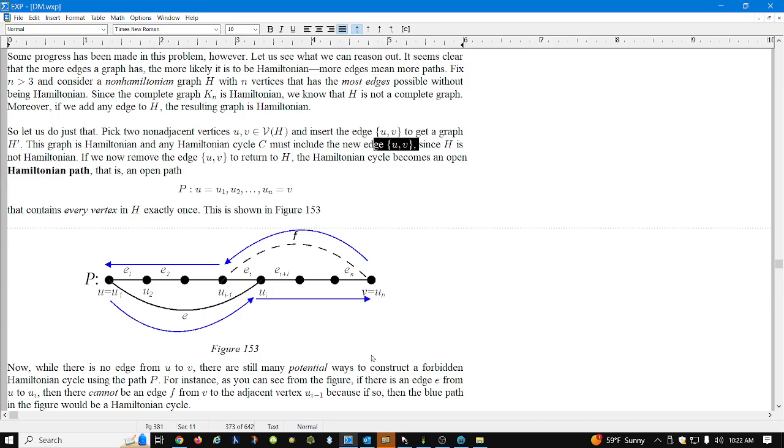There certainly can be other edges in the graph H, but we've got all the vertices. So it's this black center here, the vertices and the edges that form the path P.